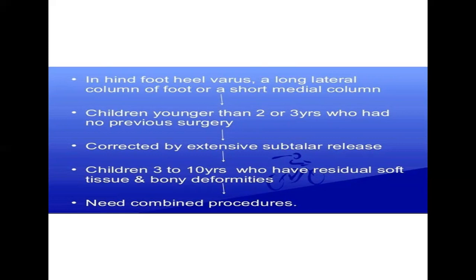Children younger than 2 or 3 years who had no previous surgery are corrected by extensive subtalar release. Children 3 to 10 years who have residual soft tissue and bony deformities need combined procedures.